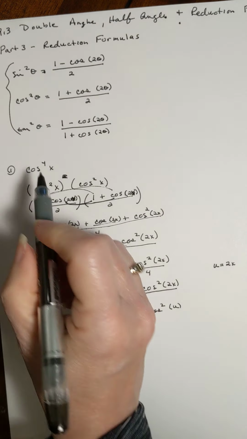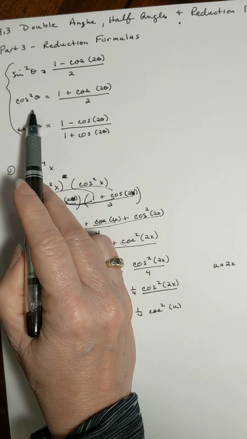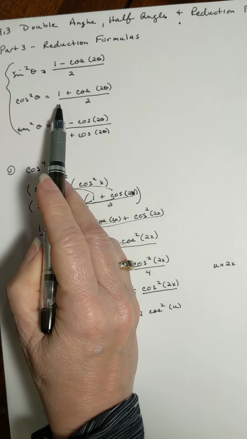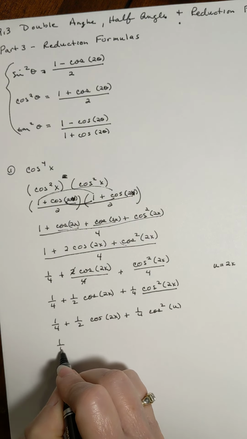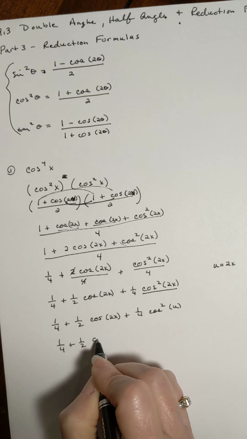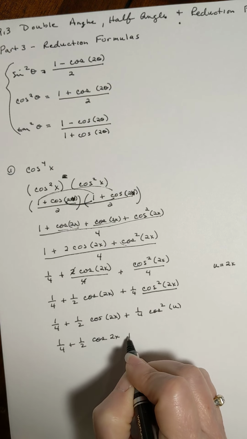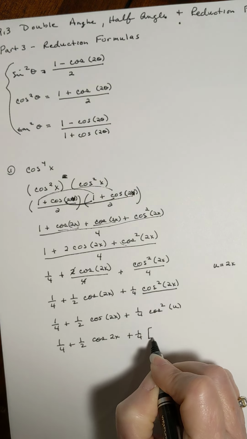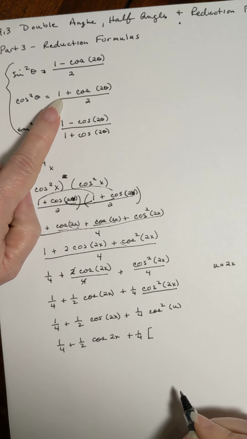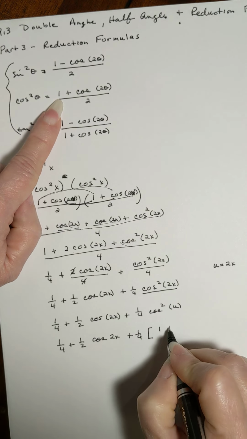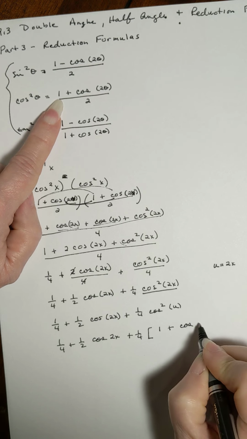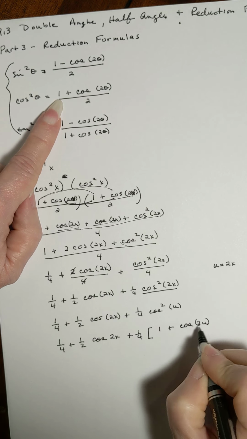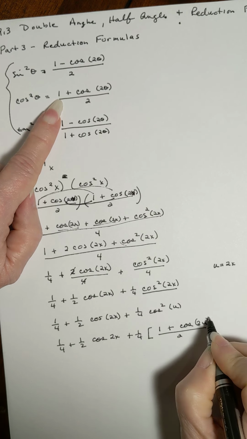So using my power reduction formula up here for cosine squared of theta, this would be, copy down all of this, one plus cosine of 2u over 2.